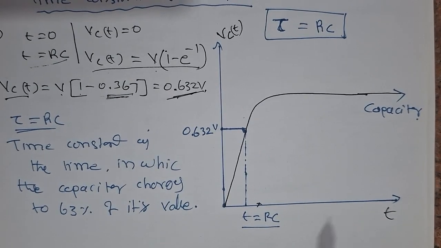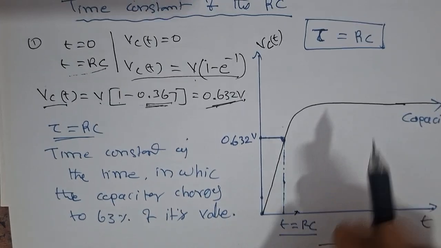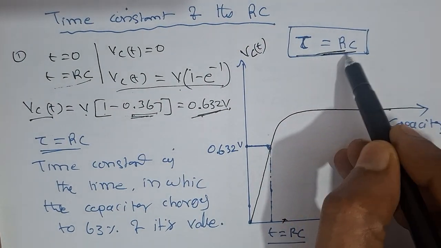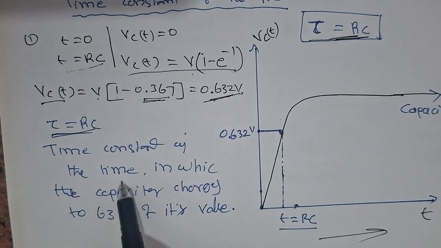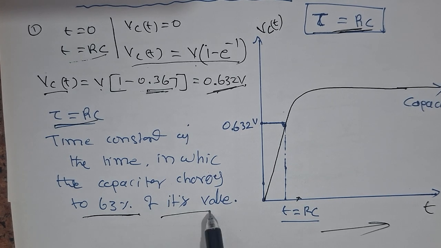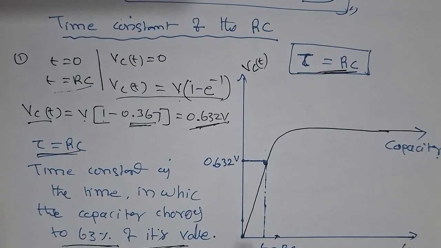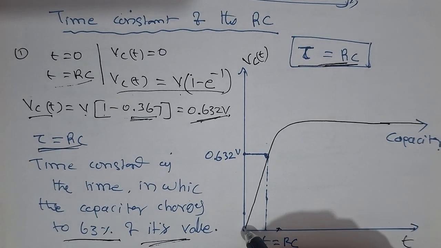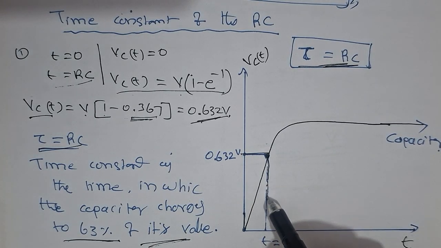If you draw the graph, this is the time constant. As time increases, this is the voltage across the capacitor. Now we define tau equal to RC. This is the time constant of the RC circuit. It is defined as the time in which the capacitor charges to 63% of its final value. The capacitor charges up to 63% at t equal to RC.